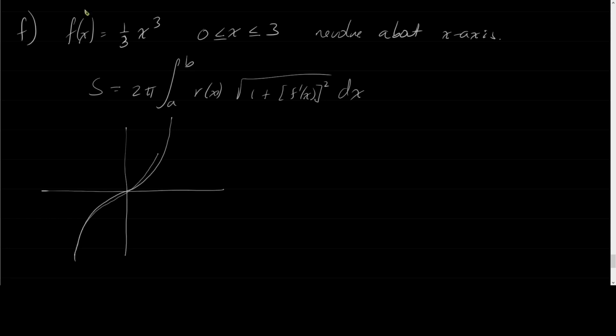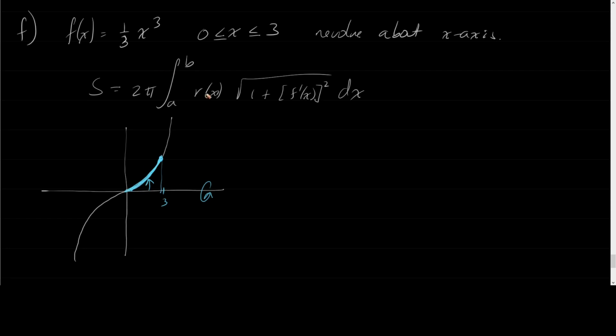The region from 0 to 3, let's say that's 3, this piece is what we're rotating about this way, but only this curve, because we're taking the surface only. So what is the radius here? The radius to this axis of revolution would be that distance. So let's see what we get here.